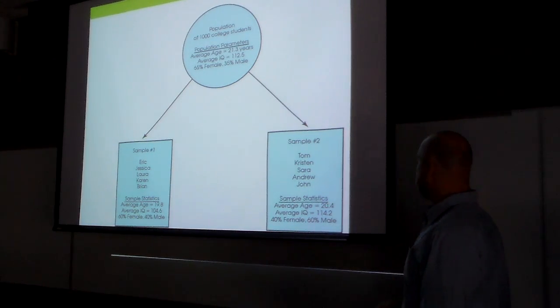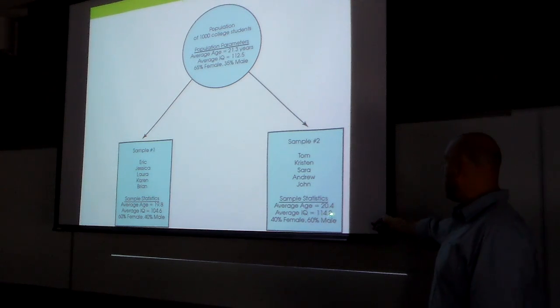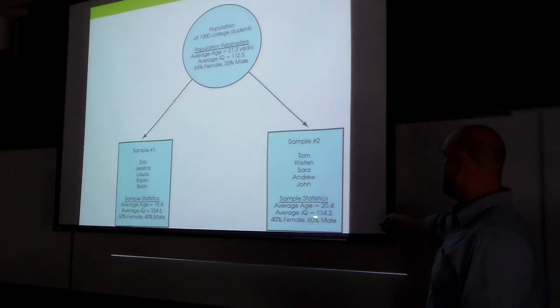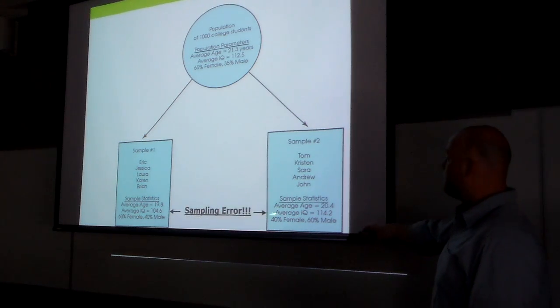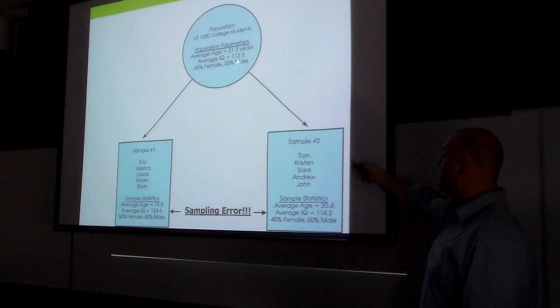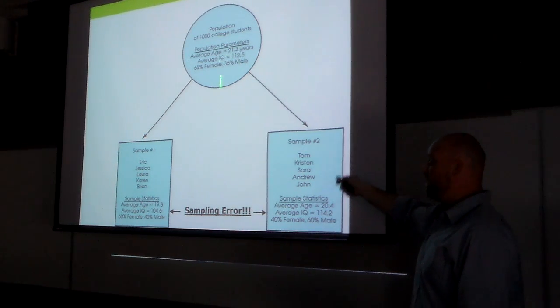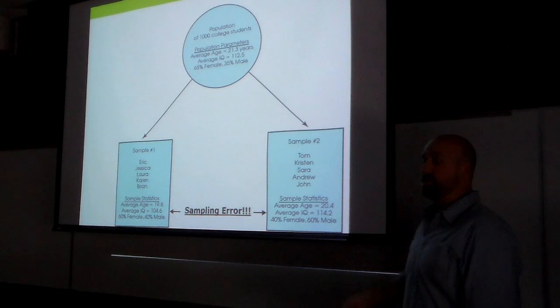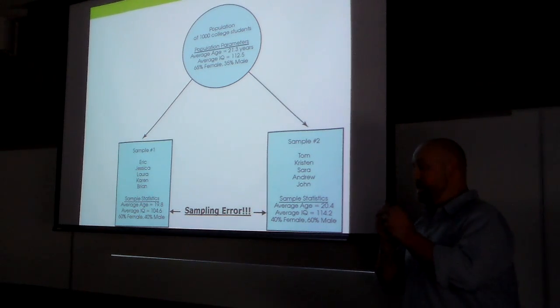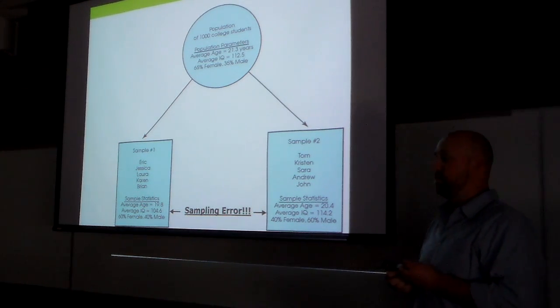Here, average age, 20.4. Average IQ, 114. 40-60 breakdown, okay? This is my sampling error, right? The difference between these population values and the numbers that I've got from my sample statistics, this is my sampling error, okay?